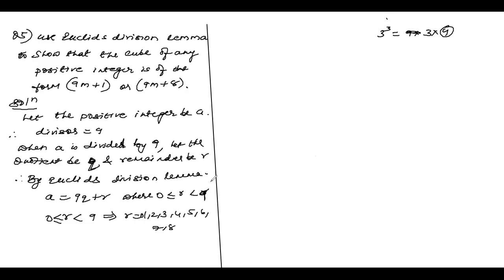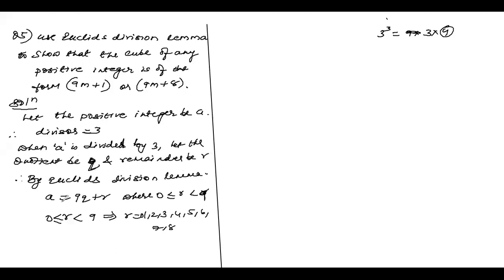So what I'll do is a small adjustment in this sum. Let the positive integer be a, and this is my common sense: I'm not going to take the divisor as 9, I'm going to take the divisor as 3, children. So when a is divided by 3, let the quotient be q and remainder r.